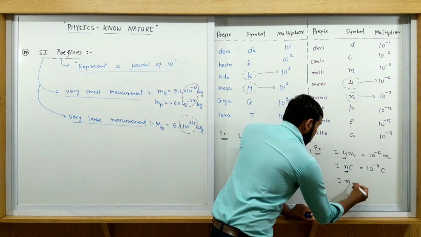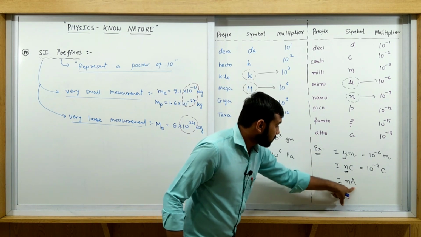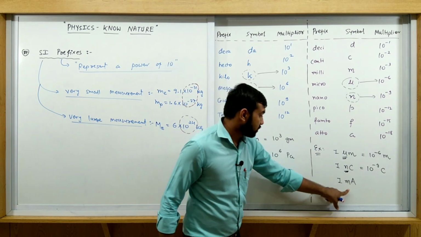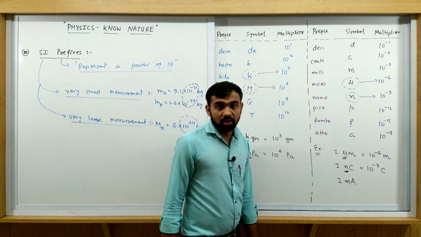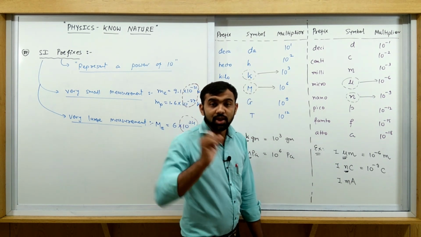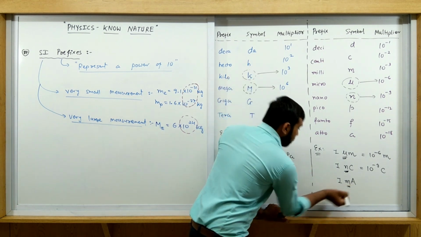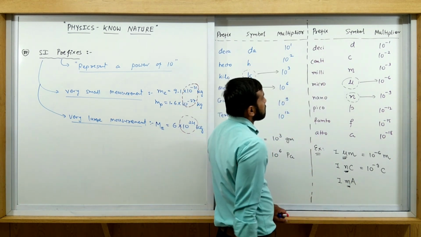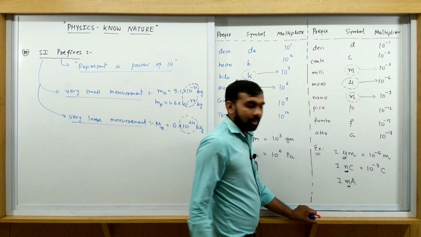1 milliampere. You heard about this unit in previous standards. Okay, 1 milliampere. Ampere is a unit of current, as we discussed in SI units. So what is this milli? Where is the milli? See here. Milli means 10 raised to minus 3.